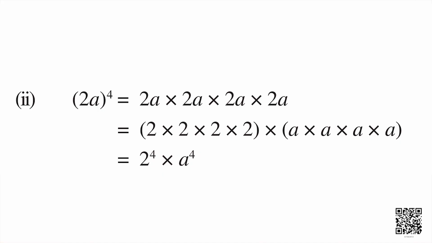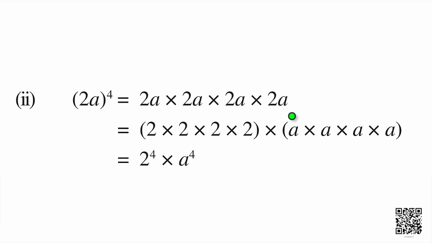Similarly, we will do the second question, which is (2a) to the power 4. This becomes 2a multiplied 4 times, which simplifies into 2 multiplied by 2 multiplied by 2 multiplied by 2, that is 2 multiplied 4 times, whole multiplied by a multiplied 4 times. So the answer we get is 2 to the power 4 multiplied by a to the power 4.